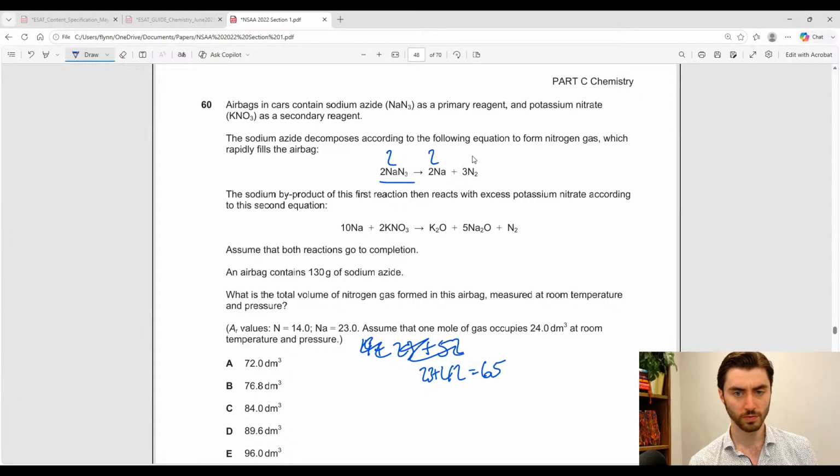That forms 2 moles of that and 3 moles of that. Let's lock in that 3 moles of nitrogen have just been formed. Then 2 moles of that have gone in. That forms, divide by 5, 0.2 moles. So there's 3.2 moles of nitrogen formed.